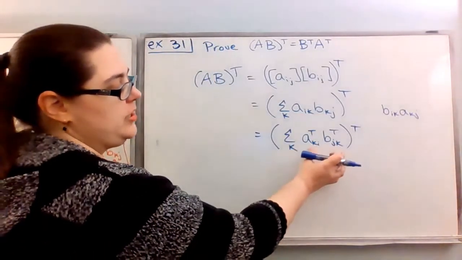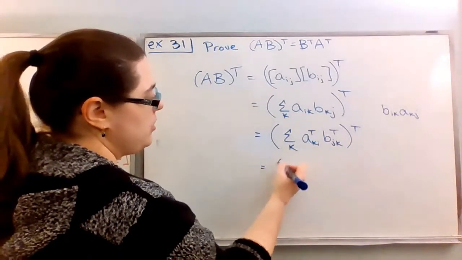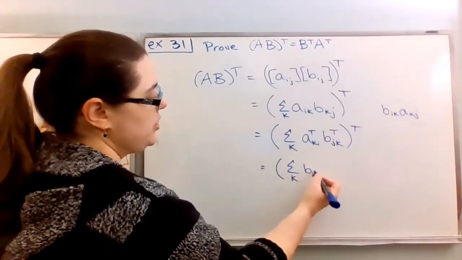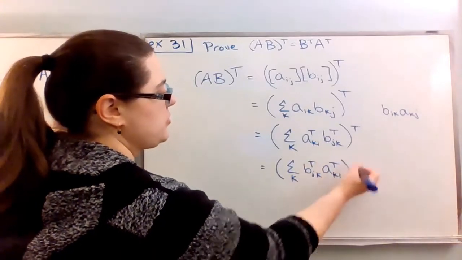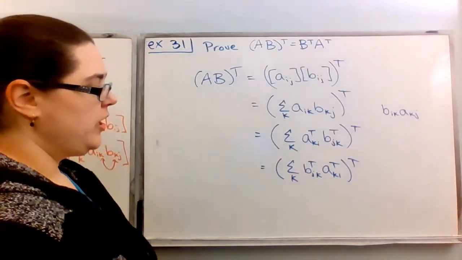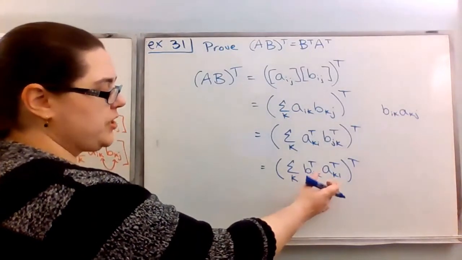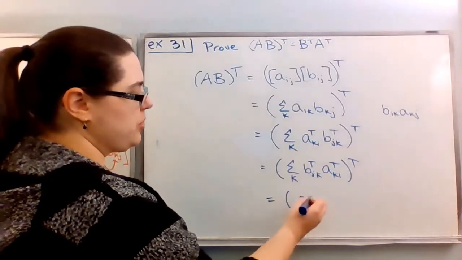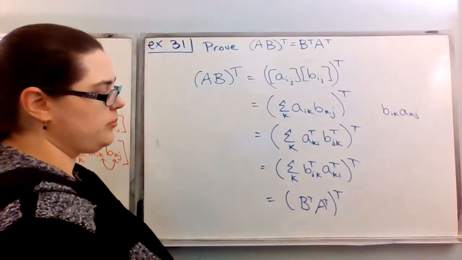And now, because these are real numbers, I can swap them, right? So this is going to be the sum over K of Bjk transpose, Aki transpose. And then I said, okay, so this is now B transpose A transpose multiplied together. So I said this is now (B transpose A transpose) transposed.